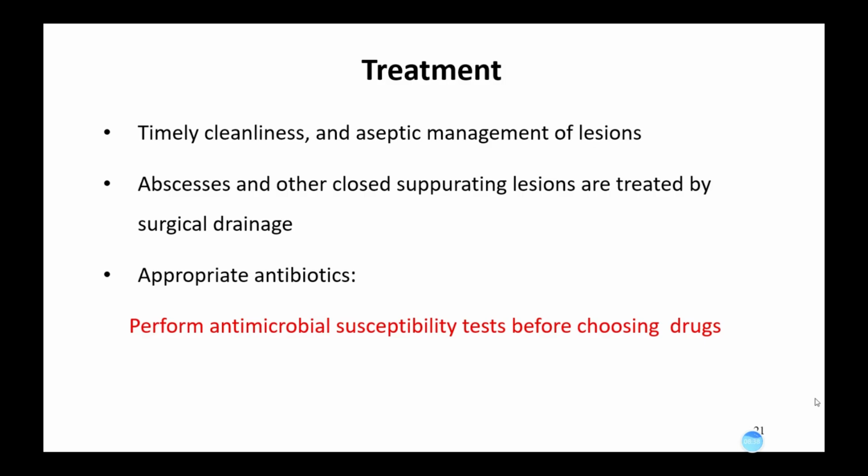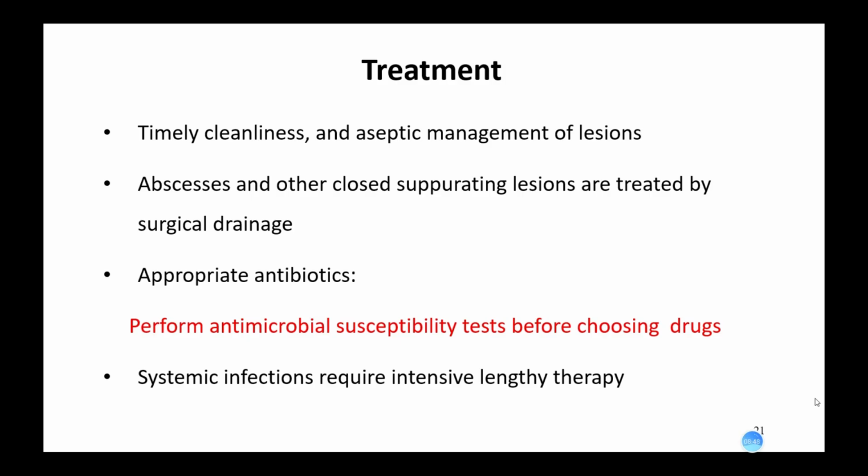That's very important for medicine management. And if your patient is suffering from systemic infection, that requires intensive therapy, so probably a longer time and more careful treatment or therapy. The staphylococcus sometimes can cause serious problems.